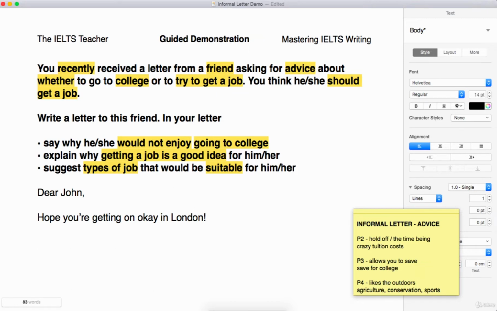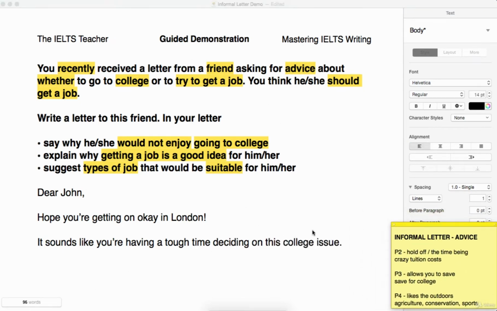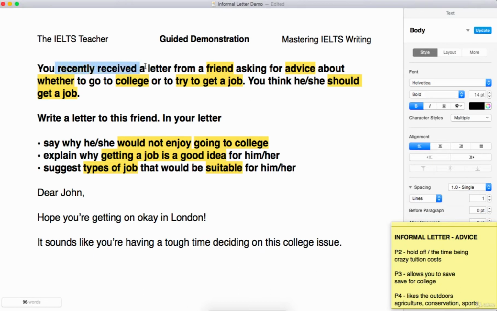We'll make that very clear from the opening. So I'm going to write, it sounds like you're having a tough time deciding on this college issue. Okay, so we make that clear reference to the letter that we recently received.